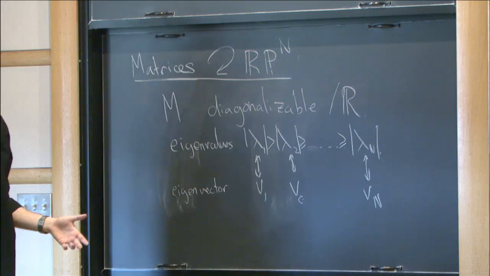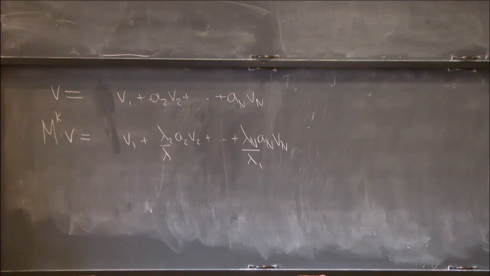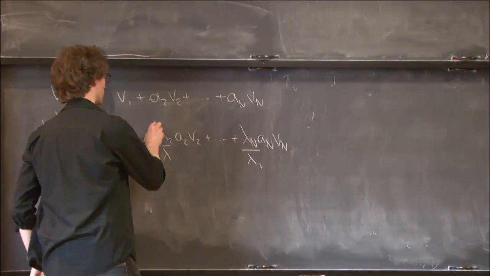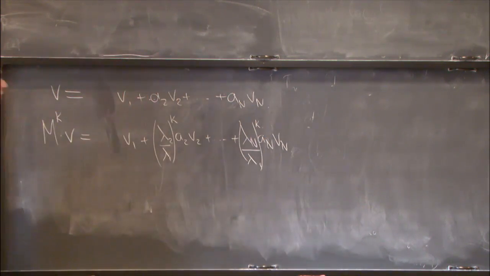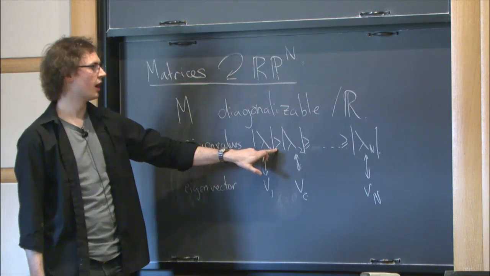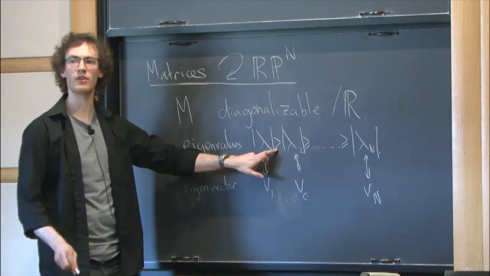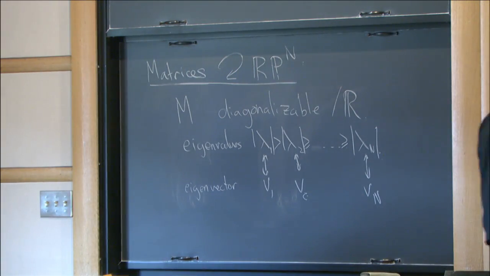What happens if we do a whole bunch of these? Well, if instead of just doing a single application of this matrix M, I actually do this application k times, all of these coefficients that I see here are just going to multiply up. So in particular, because I started with this ordering on my eigenvalues, and I never really said it, but I sneakily ensured that lambda 1 was strictly bigger than everything else, each one of these fractions that you see here is strictly less than 1.